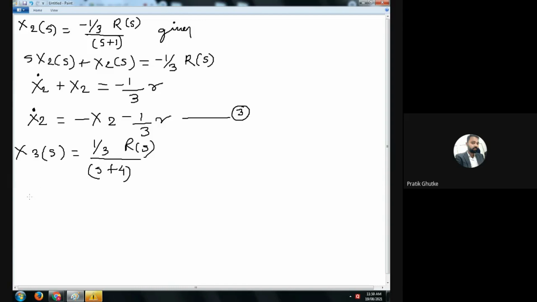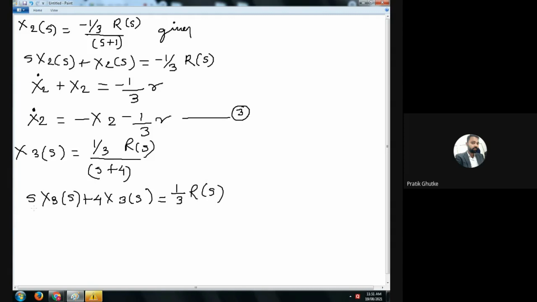So rewriting this, s into x3 of s plus 4 into x3 of s equals to 1 by 3 r of s.